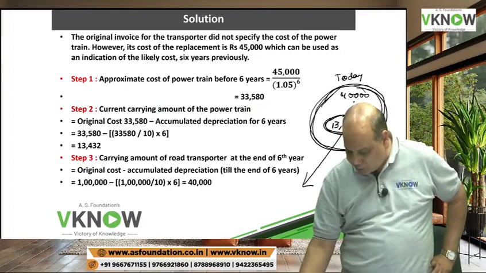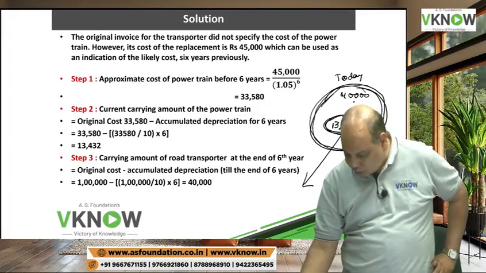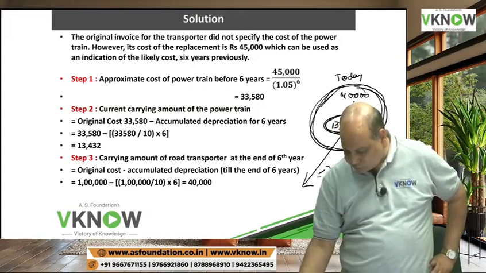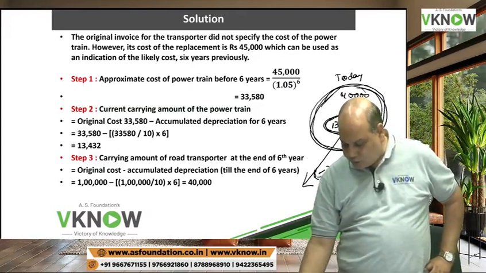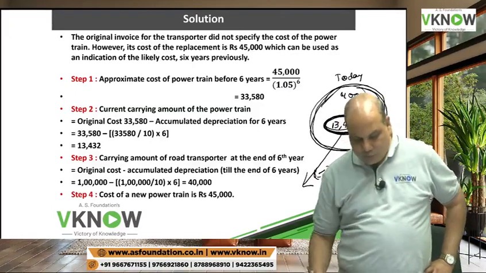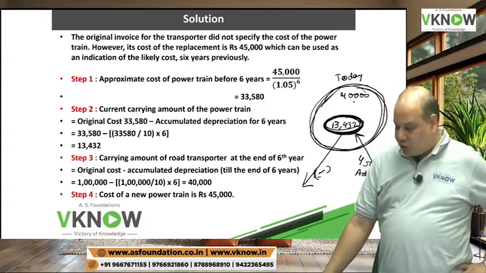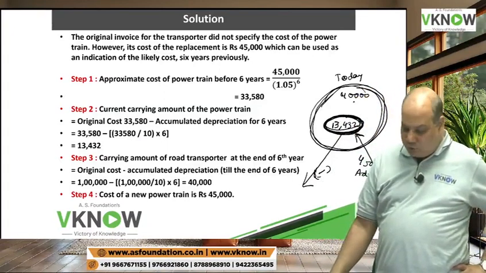So this I will remove, and a new part whose cost is 45,000, I will add. So what is the accounting treatment? This will be removed, 13432, and 45,000 will be added.